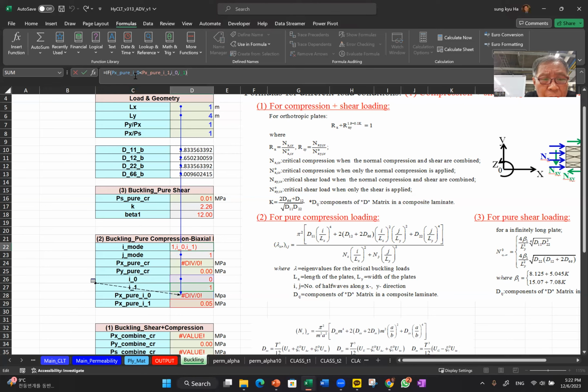PX pure I, PX pure I1, I0 and I1. So the I0 plus 1.